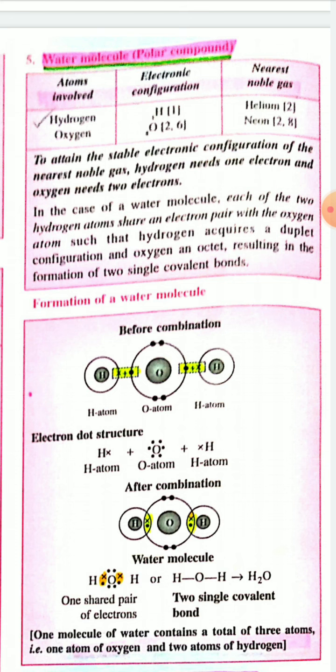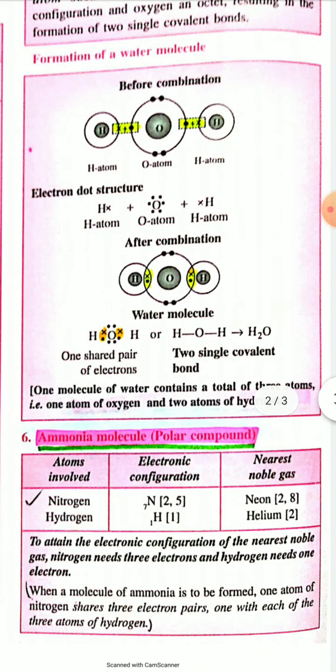In the case of the water molecule, each of the two hydrogen atoms shares an electron pair with the oxygen atom, such that hydrogen acquires a doublet configuration and oxygen an octet, resulting in the formation of two single covalent bonds. Here the orbital structure is given.